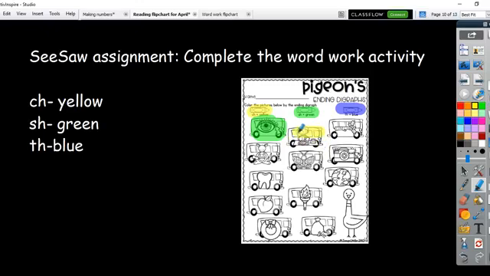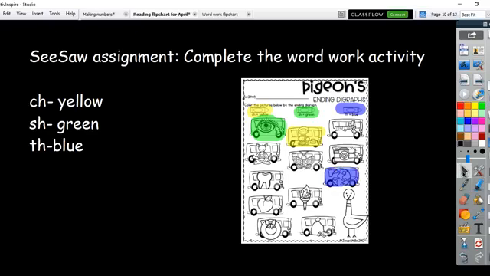So I would color him yellow because he has a ch sound at the end. All right. And then this right here is the earth. Earth. So I have that TH sound at the end of earth.